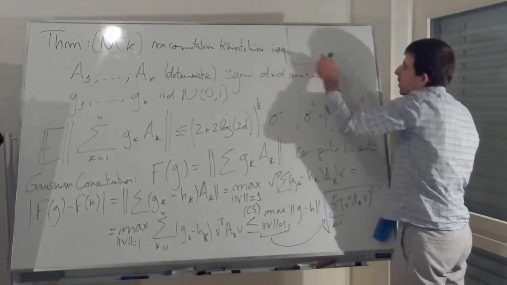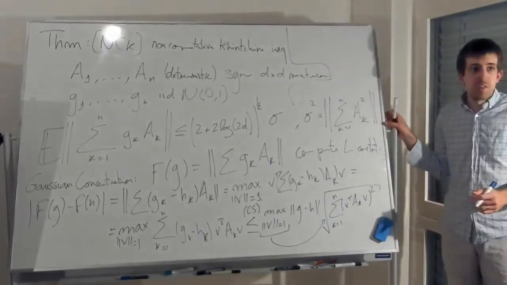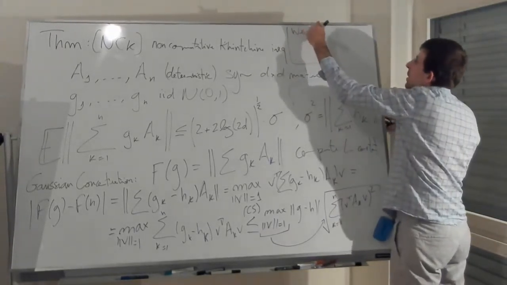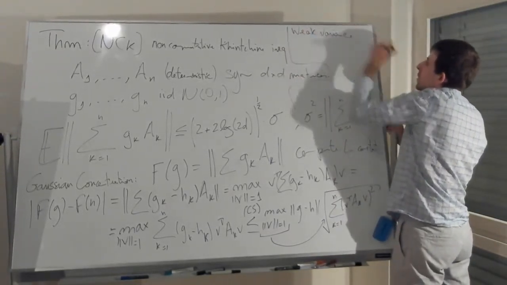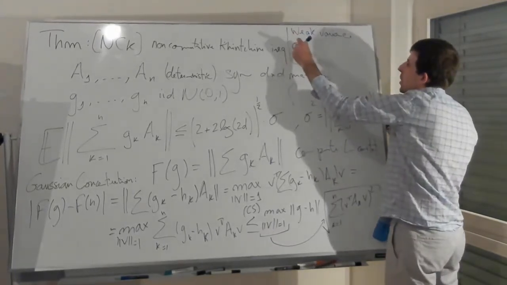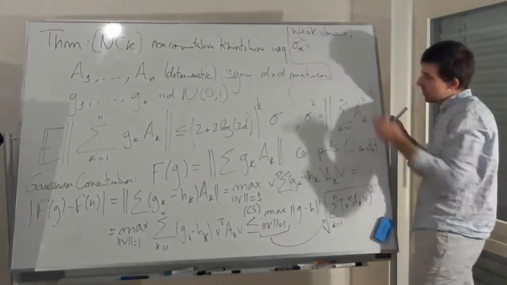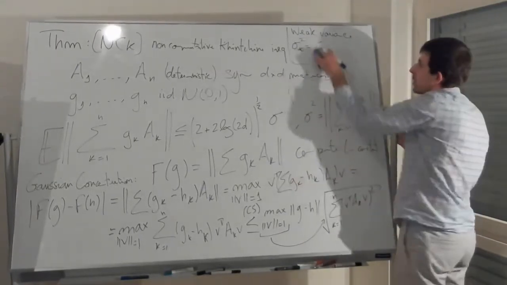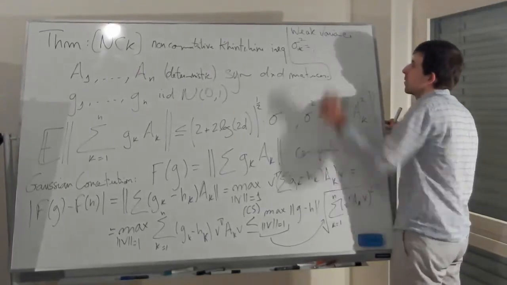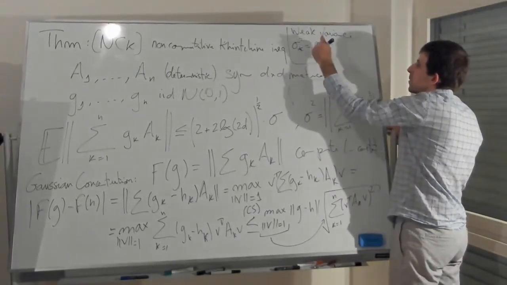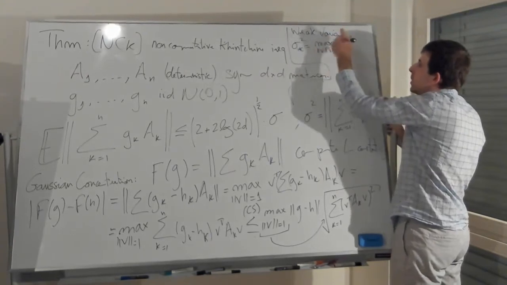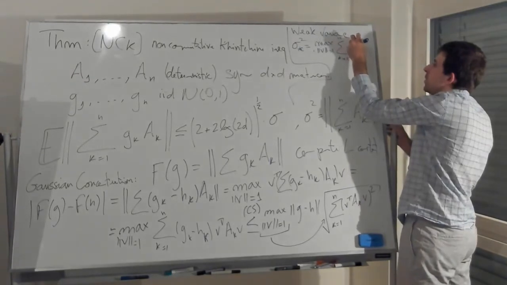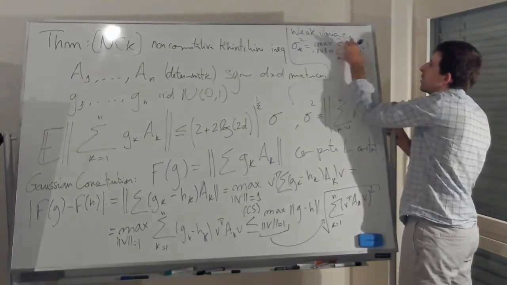So this motivates us to define a new variance parameter. We're going to call this the weak variance. The weak variance will be this parameter sigma star squared, equal to the max over v with norm 1 of the sum from k equals 1 to n of v transpose a_k v squared.